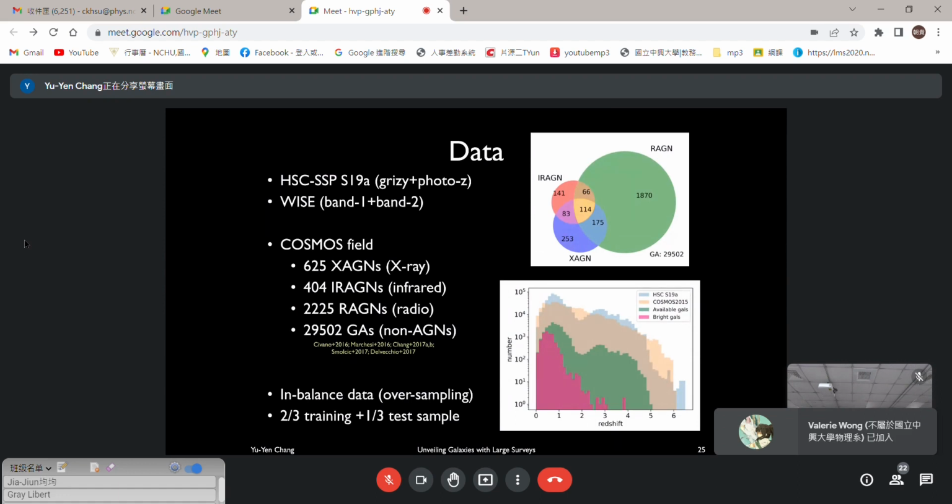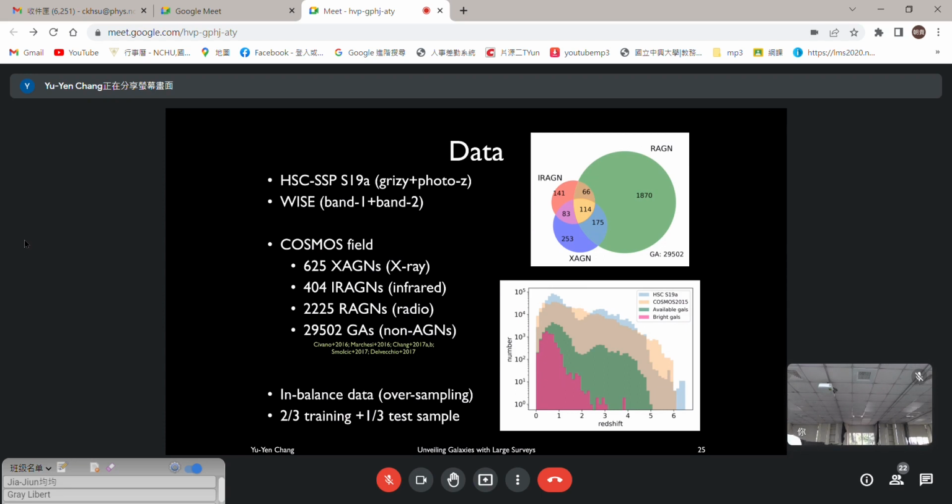From previous studies, we already identified AGNs in the COSMOS field. We have about 30,000 galaxies, and some of them are identified as X-ray AGNs, some as infrared AGNs and radio AGNs.